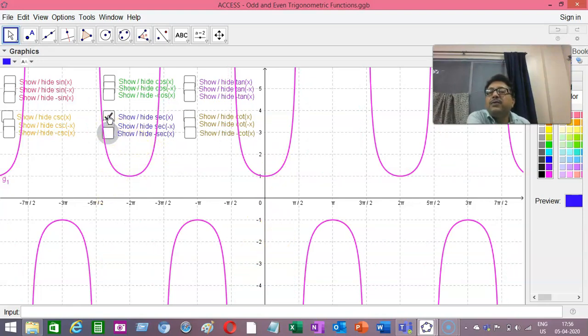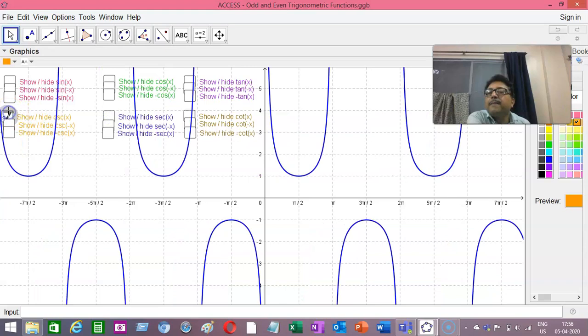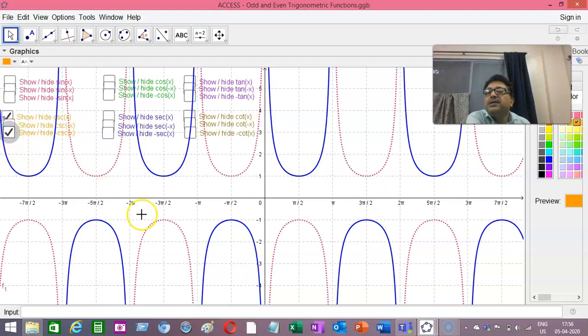Let us go for the last one then. This is for cosec x and this one is going to be for minus cosec x. Again in the same manner, the cosec x main curve is there, and its reflection about the x-axis will be like this.